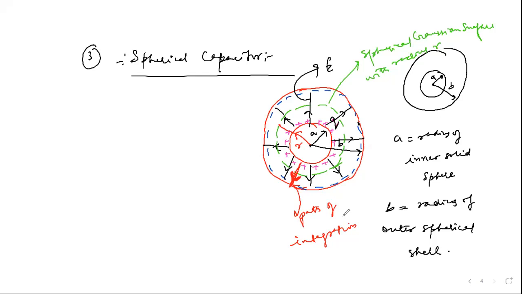Q charge resides on the inner solid sphere, minus Q will reside on the outer spherical shell. Electric field lies between the plates. Then we take the path of integration from the positive plate to the negative plate, and we take a spherical Gaussian surface concentric with the capacitor with radius r. Right? Applying Gauss's law.